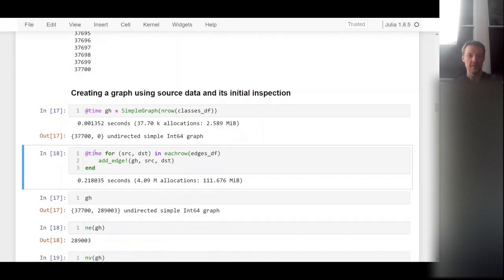So this is, yes? Yeah. So this adding this source and destination, I could do it from any source. So for example, let me, yeah.